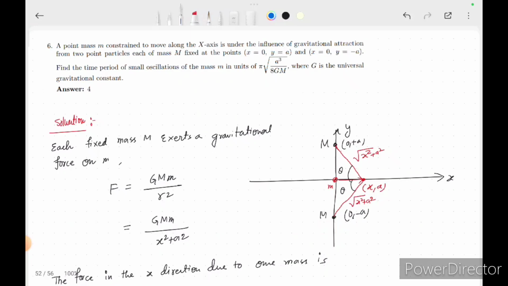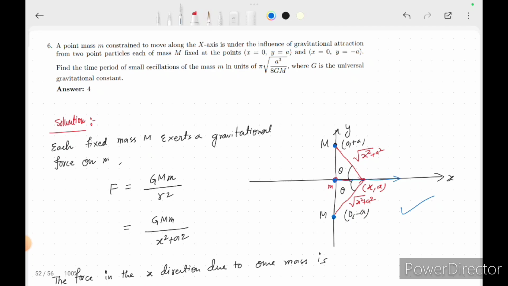Find the time period of small oscillations of the mass m in units of pi root under a cube upon 8 GM, where G is the universal constant. So this is the diagram. The two masses are fixed at these points, and here is the small mass m that is moving along the x direction.